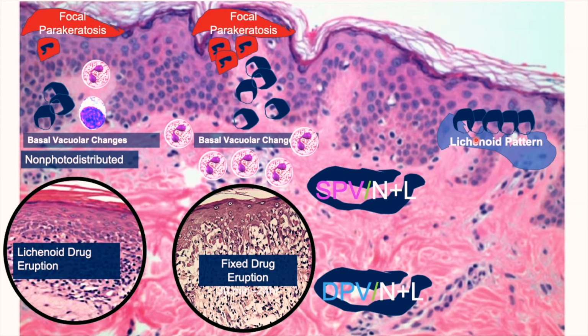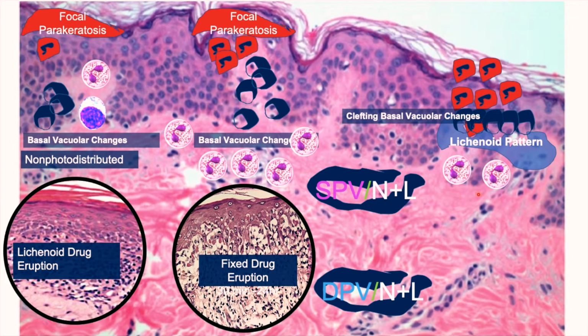Moving on, we see lichenoid pattern in addition to the vacuolar changes at the base, but here the vacuolar changes will look like they are trying to make a split between the epidermis and the dermis, in addition to more dyskeratotic cells. And here we start seeing those dyskeratotic cells in the entire epidermis, and in addition to those features, we see fewer eosinophils in this lesion.